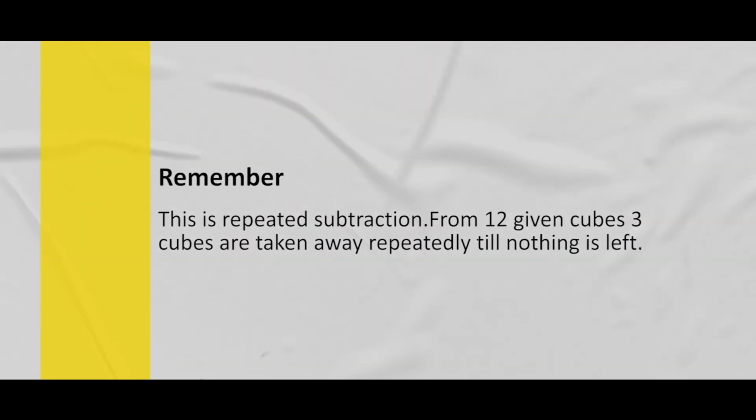Given objects. I have been given 12 yellow cubes. How many groups of 3 can you make? Now, this is not exactly a distribution problem, but this is repeated subtraction. We have already seen it. When we make the group itself, it will be 3.